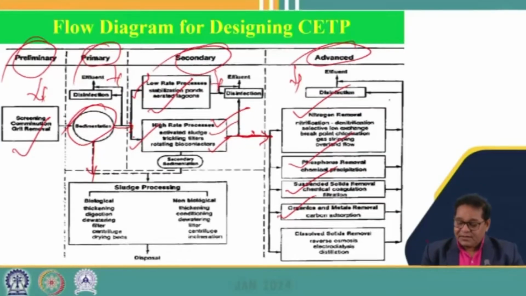Here you can see in the advanced treatment system, for removal of nitrogen we have a conventional treatment system, that is the nitrification, denitrification process. Then we have selective ion exchange for removal of nitrogen. Nowadays the NMOX process has been discovered, which directly converts ammoniacal nitrogen into dinitrogen gas, which is discharged.